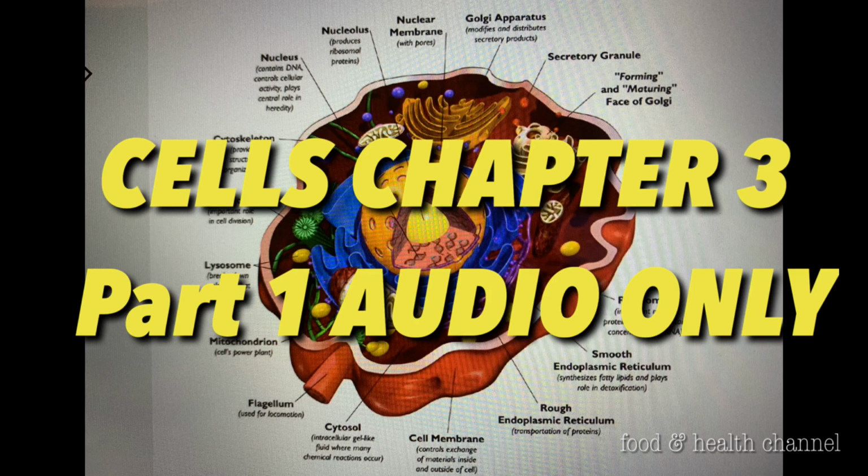Cilia are short, hair-like projections on the outer surface of the cell membrane. Cilia use wave-like motions to move substances across the surface of the cell. For example, cilia are abundant on the cells that line the respiratory passages.